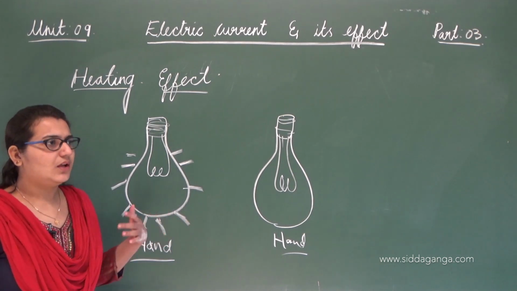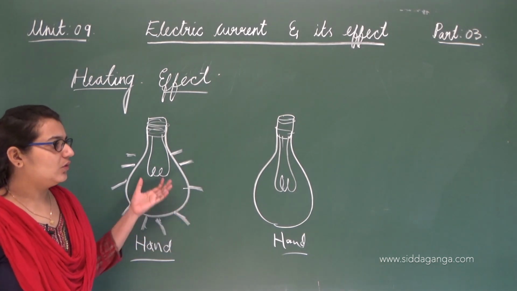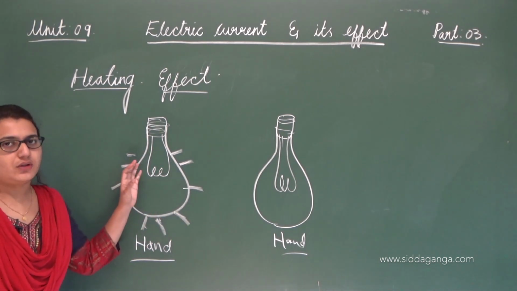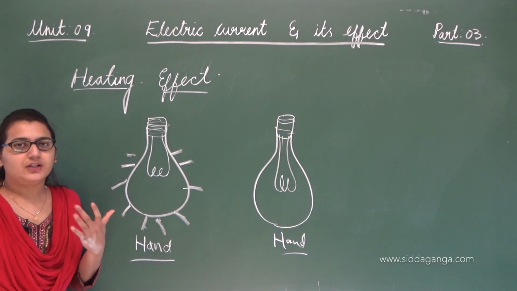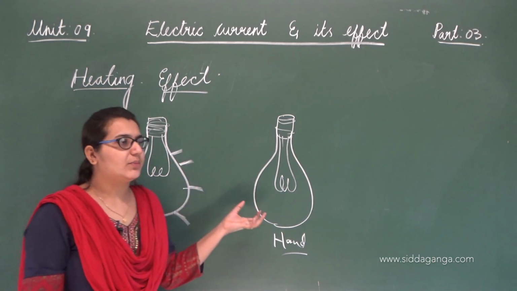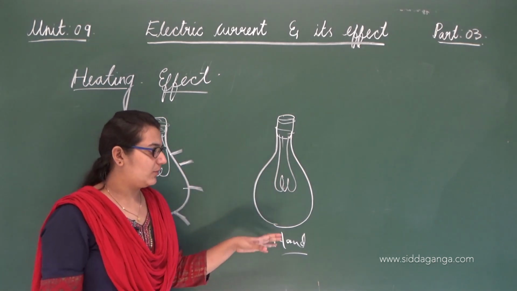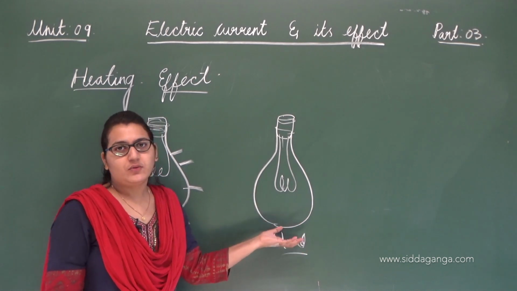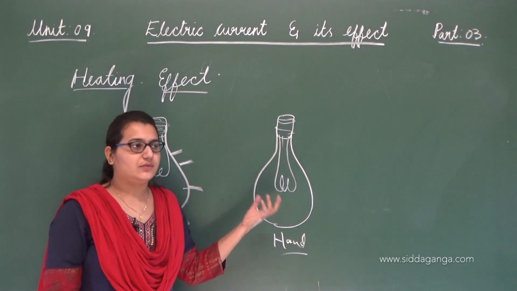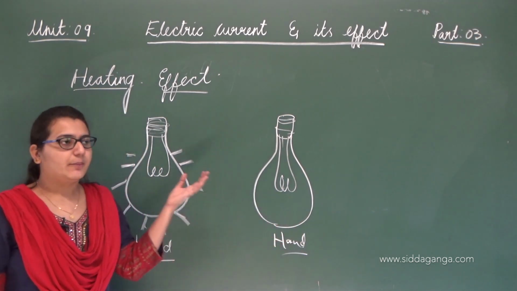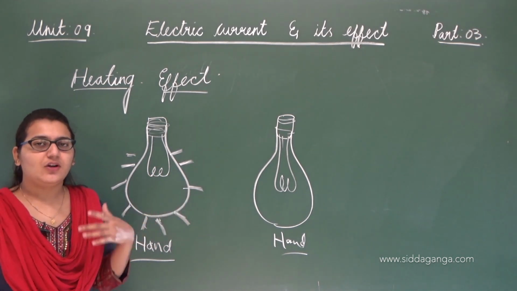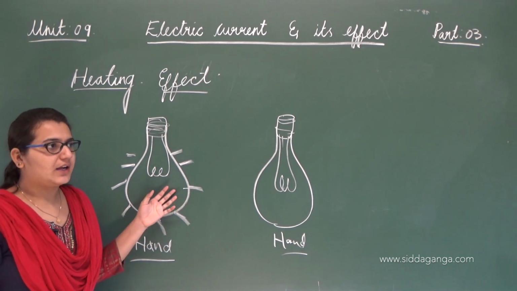When you keep your hand near the glowing bulb, you start to feel hot. When the bulb is not glowing, at normal temperature, you won't feel any change; you neither feel hot nor cold, it is a normal sense. But when the bulb is glowing, you start to feel hot. And why is this?